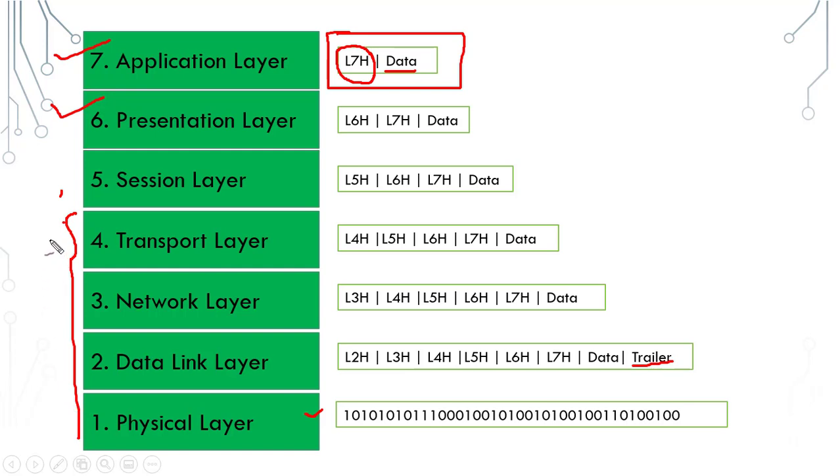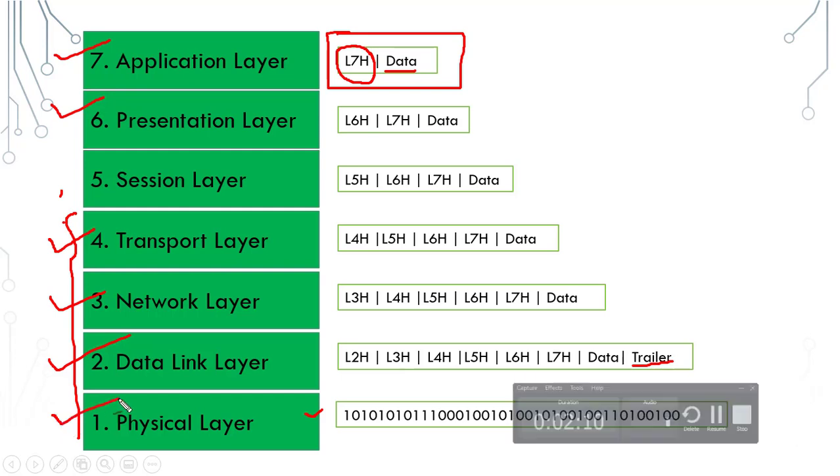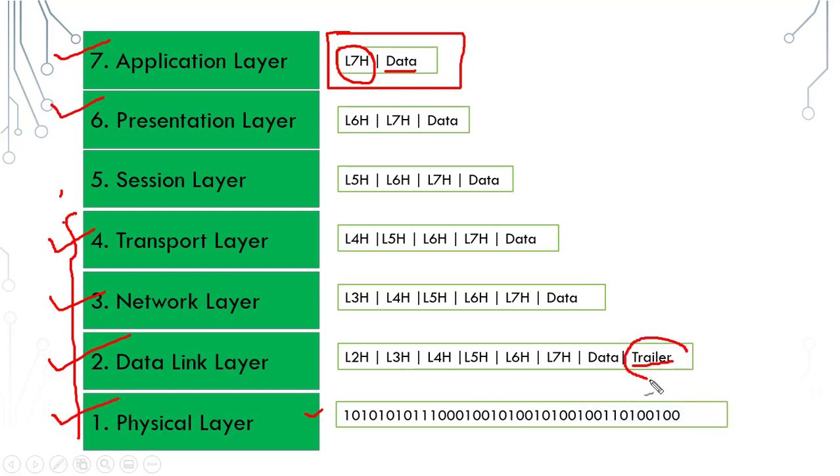At layer 4, the PDU is referred to as a segment. The PDU at the network layer is referred to as a packet. The PDU at the data link layer is referred to as a frame, and the PDU at the physical layer is called bits. The trailer here is actually used for the frame check sequence, more like error correction, and this shall be discussed in detail in future videos.